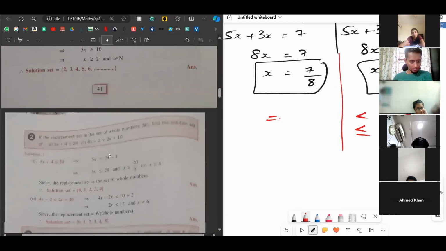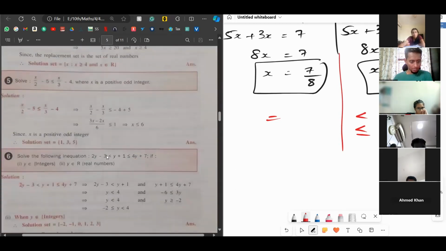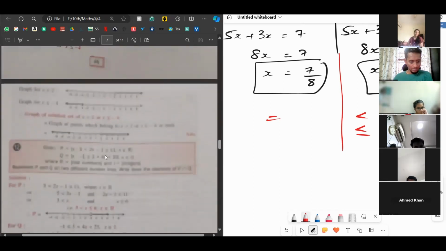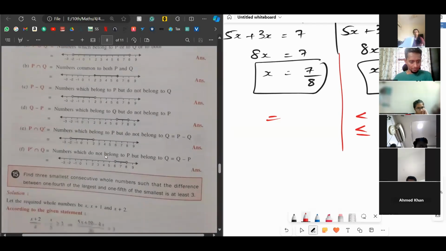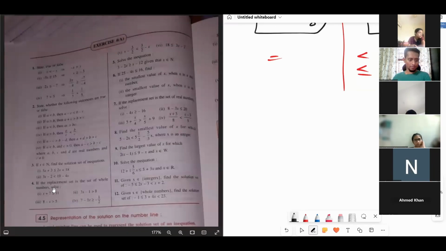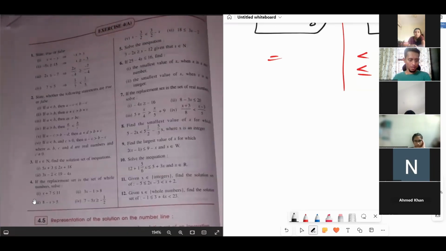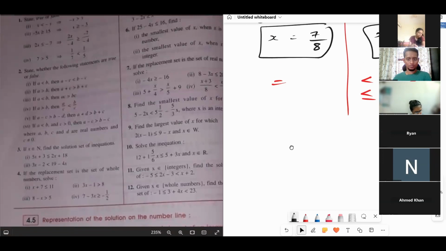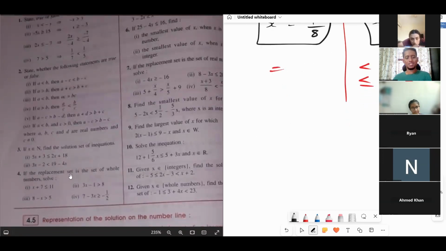Okay, so let's try to solve one inequation. Let's go to the exercise. Exercise 4A, question 4 in my book. If the replacement set is the set of whole numbers, solve this.